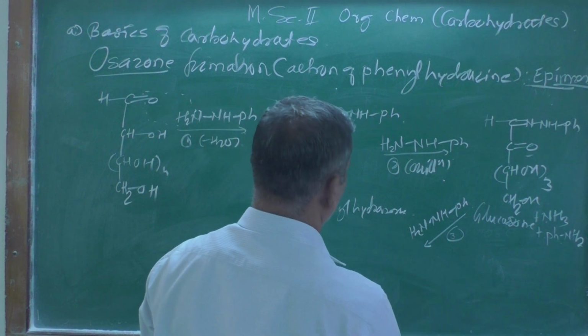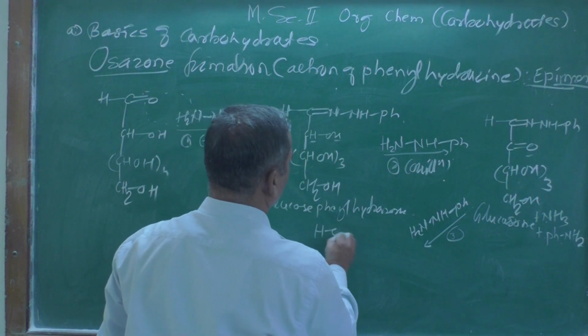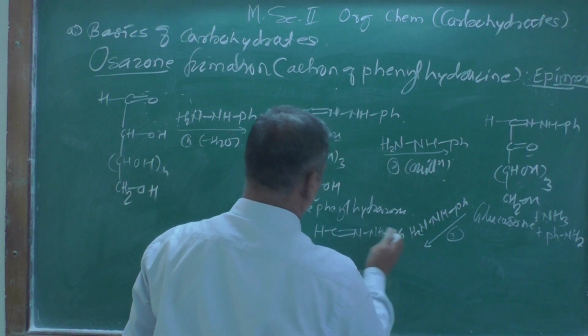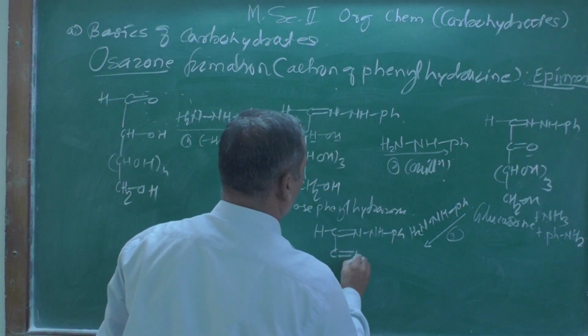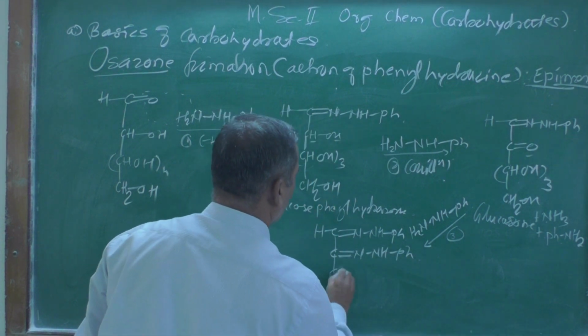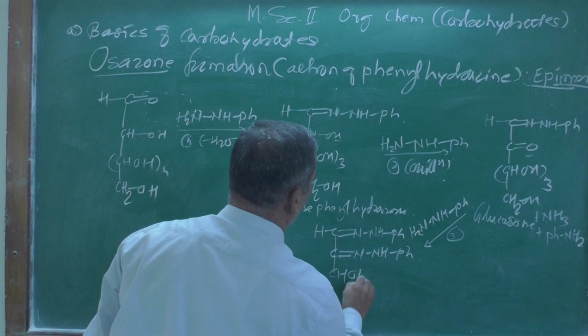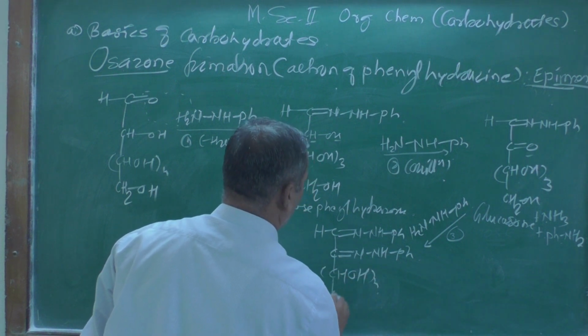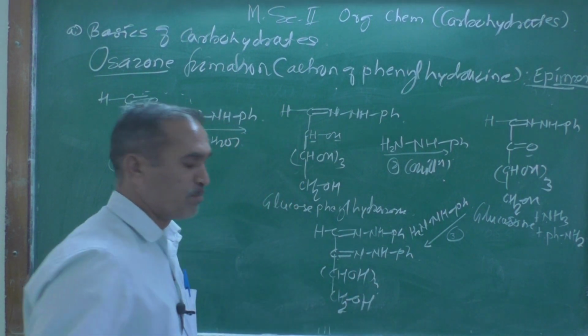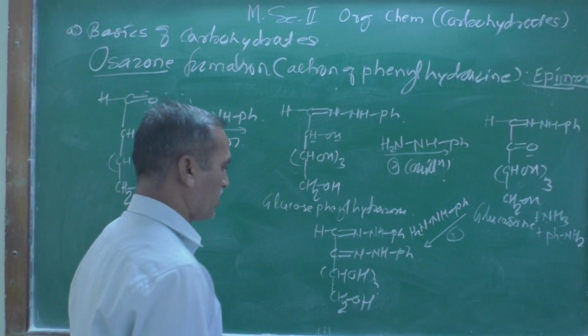We get a derivative: H, C double bond N, NH, Ph, and another C double bond N, NH, Ph, and then CHOH, and CH2OH.